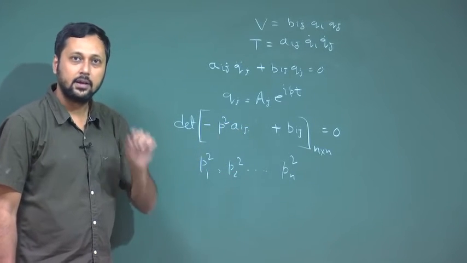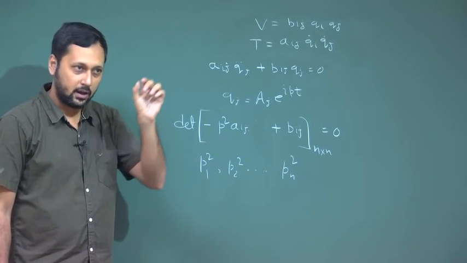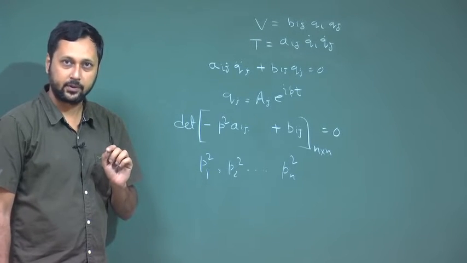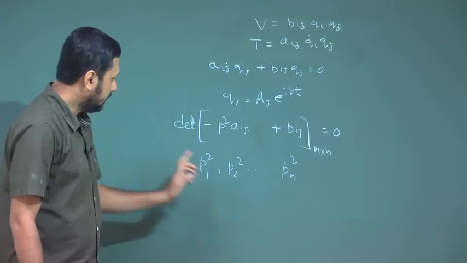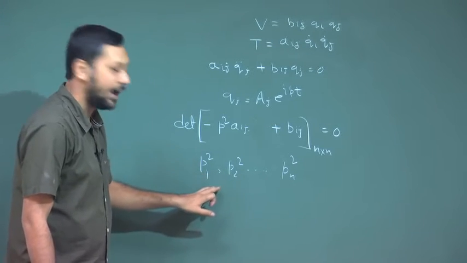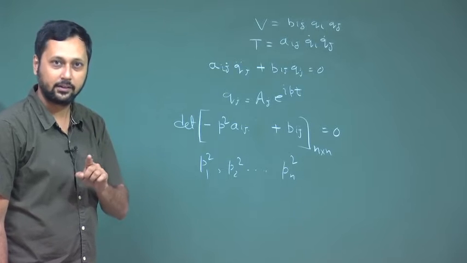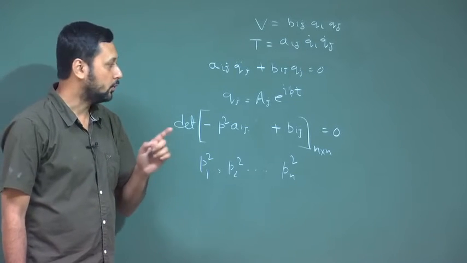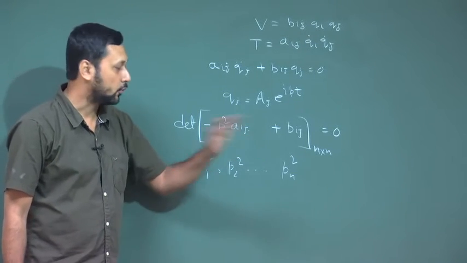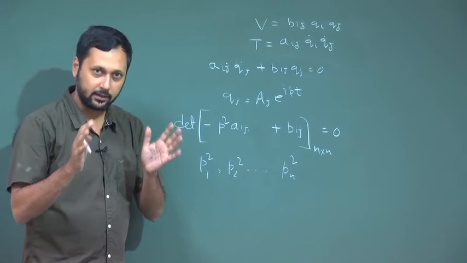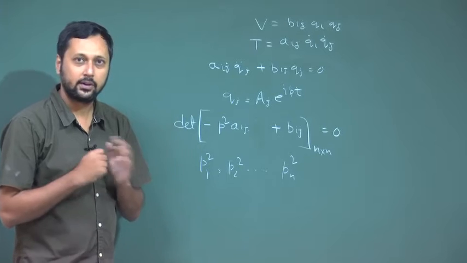For a system of n particles, each eigenvector is a column matrix with n elements. For a total of n eigenvalues, we have n distinct eigenvectors, which means there will altogether be n cross n, that is n square, elements. That entire set is something we have to calculate.